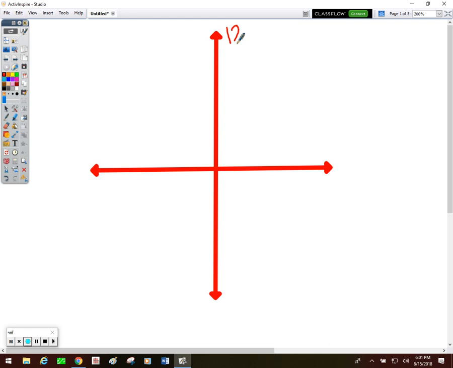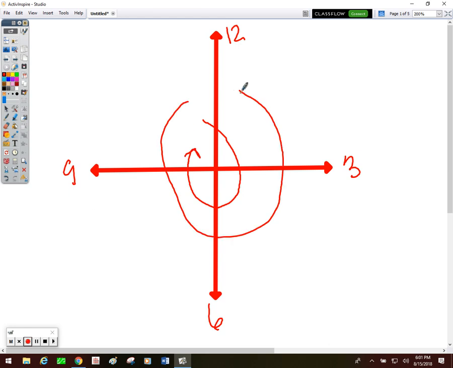Up here you have 12 o'clock, here you have 3 o'clock, 6 o'clock, 9 o'clock. If I'm going clockwise, I'm going in the order that the clock goes. Counterclockwise means against the clock. So clockwise is with the clock, counterclockwise is against the clock. Right and left. I hope that clears that up for you.